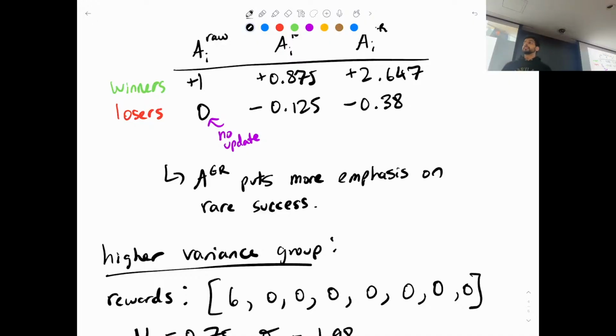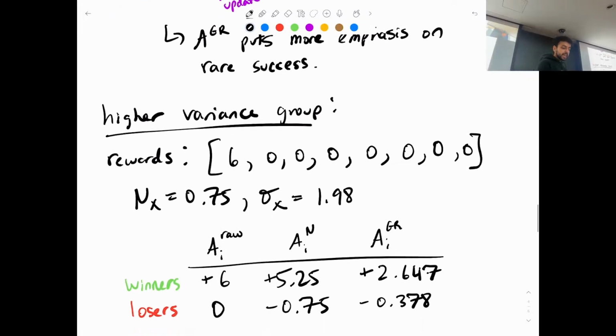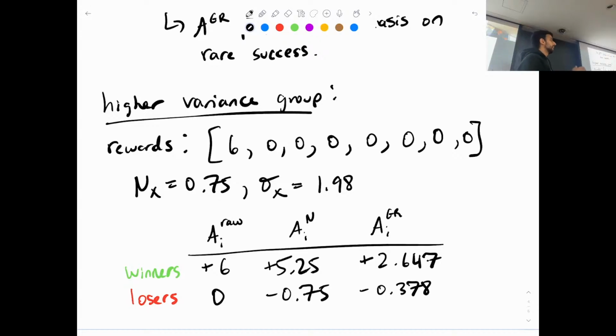What this is saying is that even though this response got a 6 and all the other ones got a 0, there was still only one winning response, and you want to treat this group the same as you would the first group.